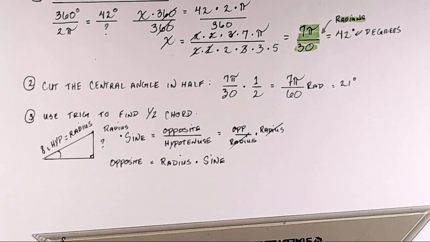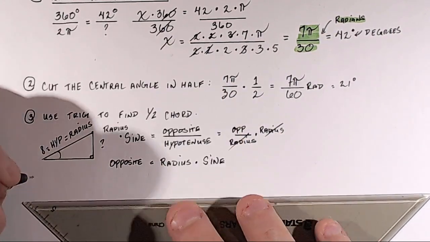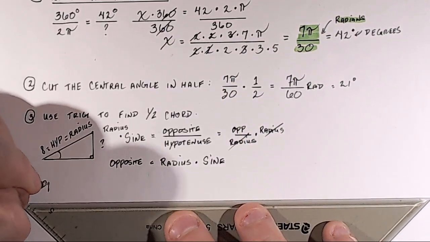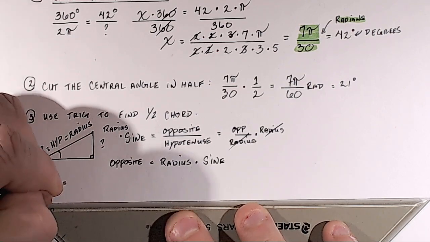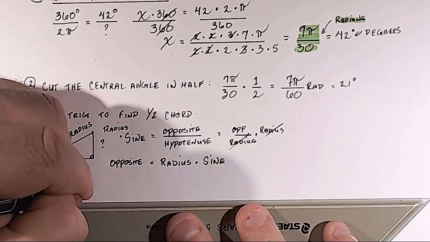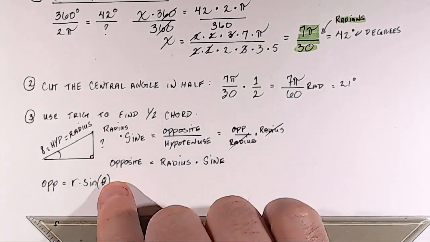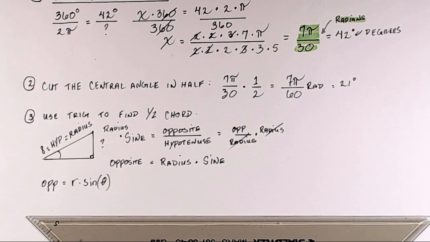So what does that look like mathematically? You'll have OPP equal to R times sine of some angle. We usually put that symbol theta in there.